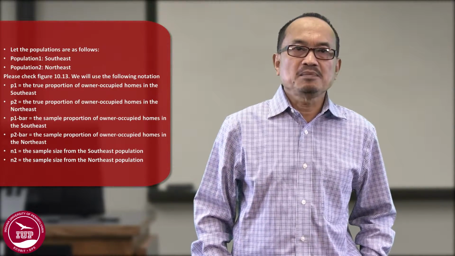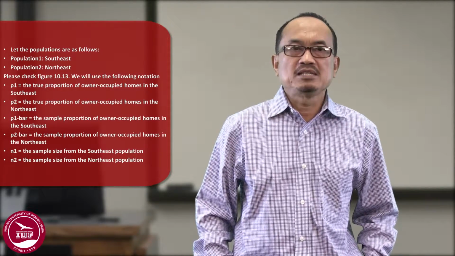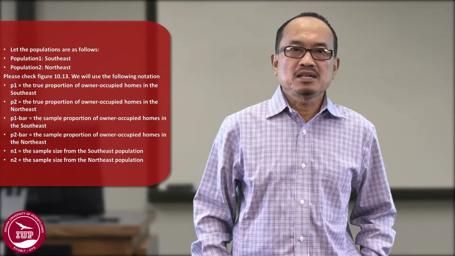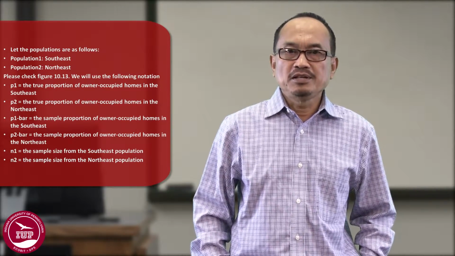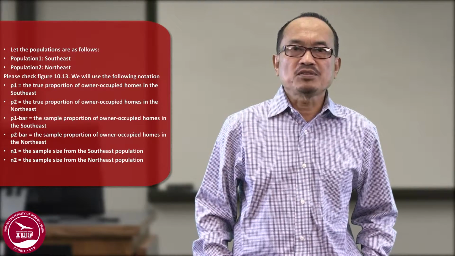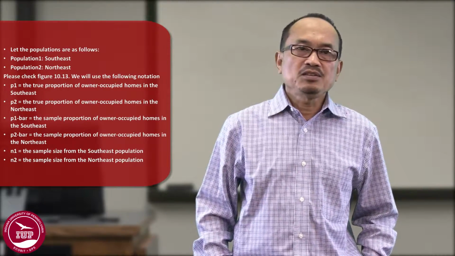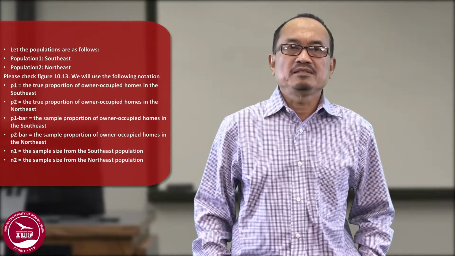P1 bar, the sample proportion of owner-occupied homes in the Southeast. P2 bar, the sample proportion of owner-occupied homes in the Northeast. N1, the sample size from the Southeast population. N2, the sample size from the Northeast population.